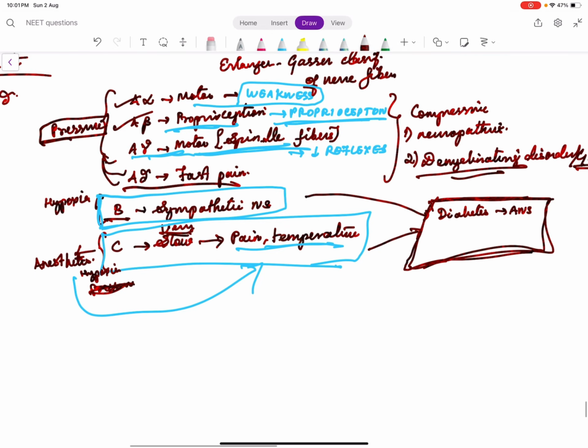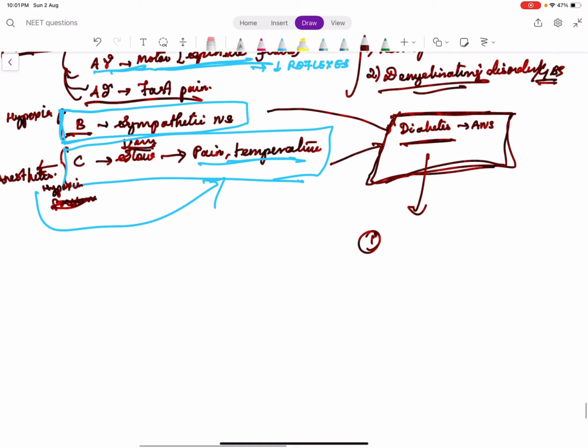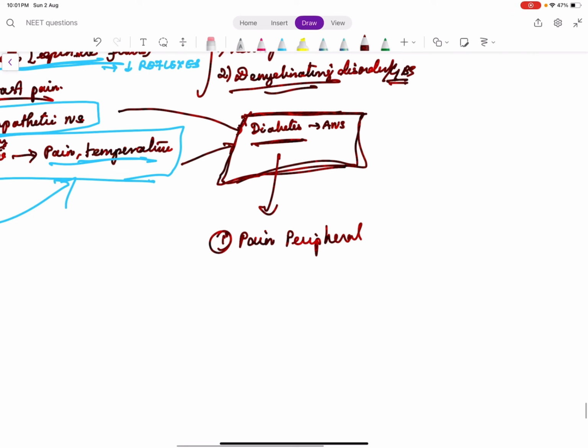So there will not be motor fibers. That is why in diabetes we are going to get painful, peripheral, sensory predominant neuropathy. Of course, motor will be involved, but it is sensory predominant polyneuropathy.